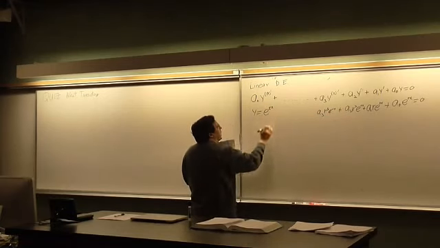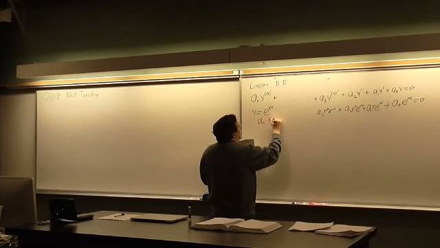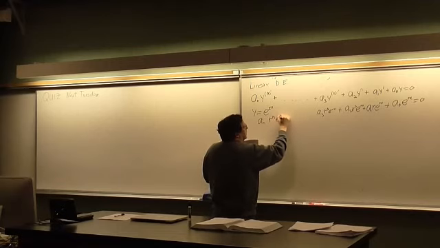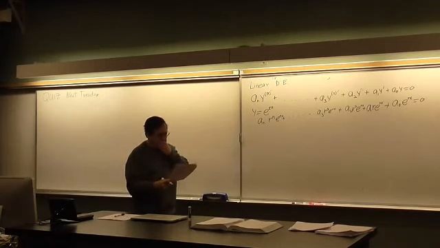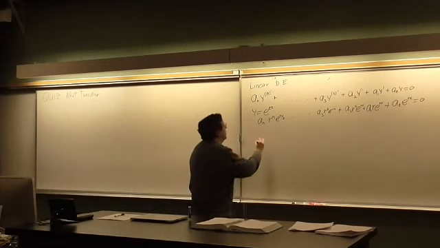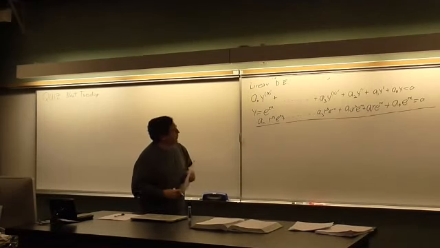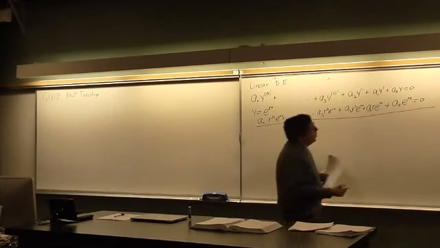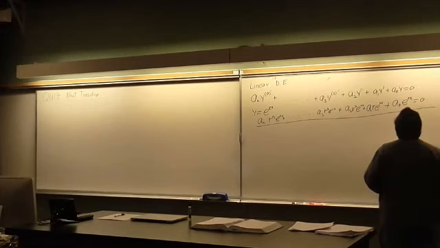So when I get all the way up here, what do I have? I'm going to have a sub n, r to the n, e to the rx, equals 0. Okay, so the next step is I want to multiply both sides by e to the negative rx.